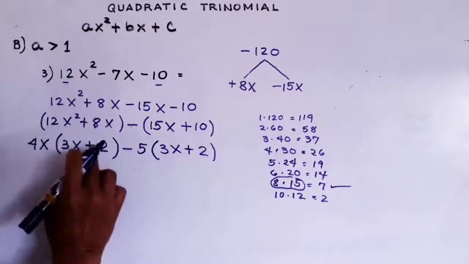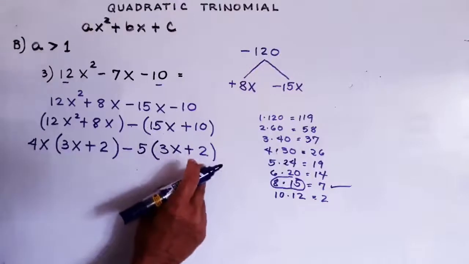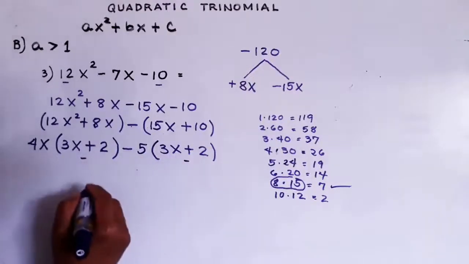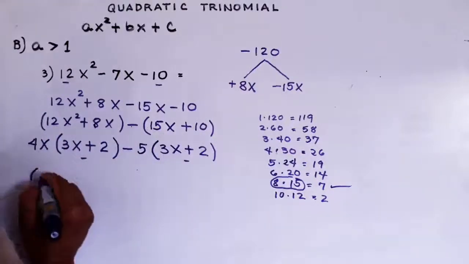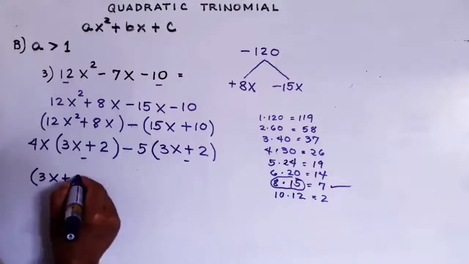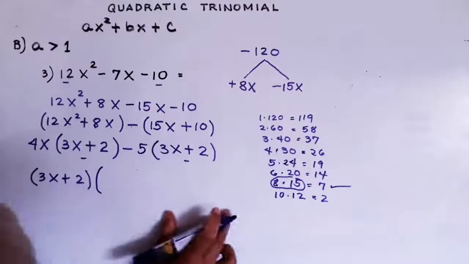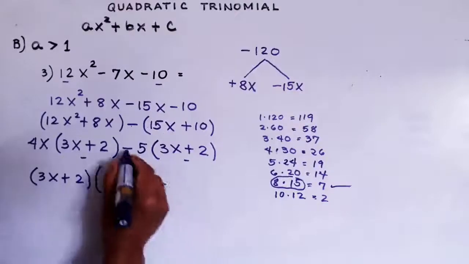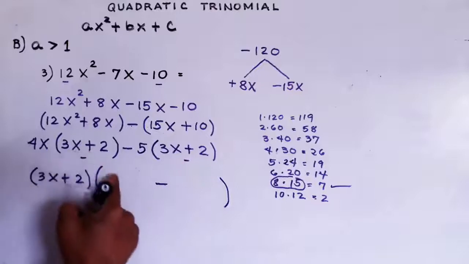That we have 3x plus 2 in the first group, and we have also 3x plus 2 in the second group. So this is our common binomial. So we are going to remove it. There is still 3x plus 2 in parentheses, and the rest of our factors are left here.